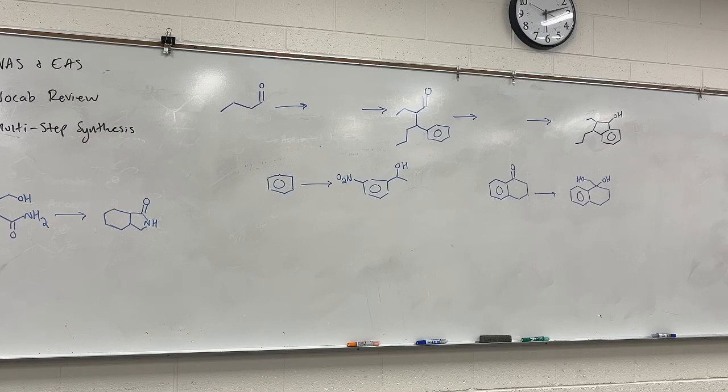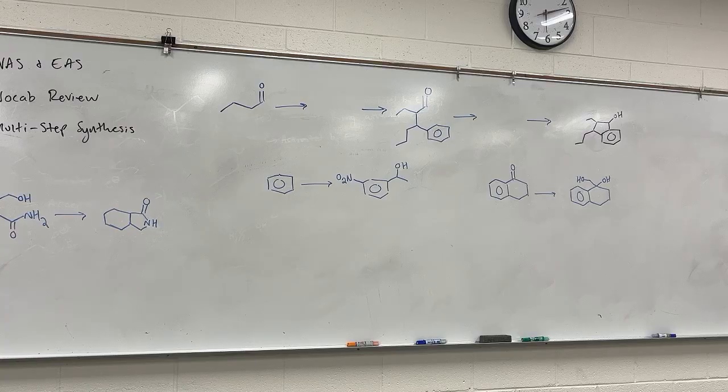Another way that we make carbon-carbon bonds, we can do it by NAS and we can do it by EAS, but we can also make carbon-carbon bonds by acyl addition with organometallics. So if I could make an organometallic, I've already got an acyl group.